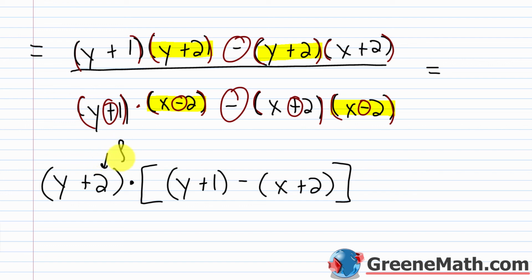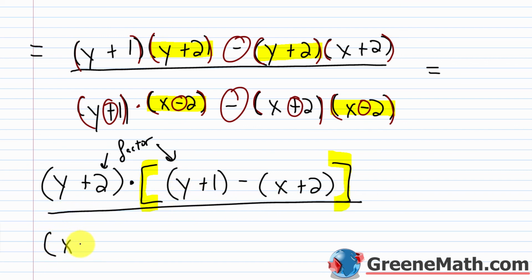This is a factor, and this is a factor. This whole thing here, let me just highlight it. The whole thing is a factor. Now, this is going to be over if I pull out the x minus 2 here. Inside of brackets, I'm going to have y plus 1, that quantity, minus, over here I'd have x plus 2.